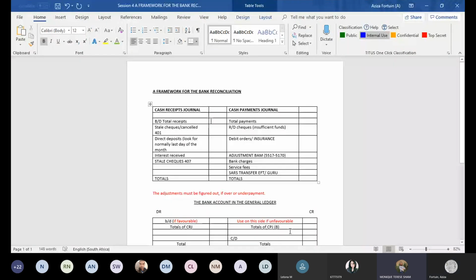Okay. I'm just going to allow Monique to put in what she says. If anybody has an objection, you may say why you think the person is wrong. And then we see if it balances.